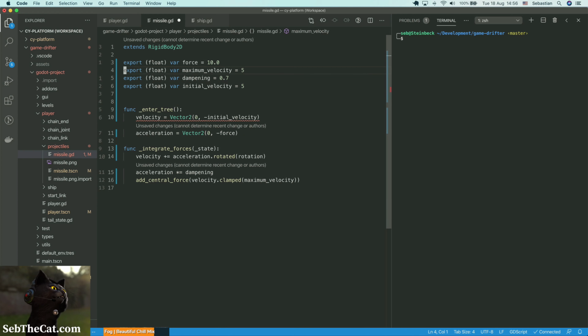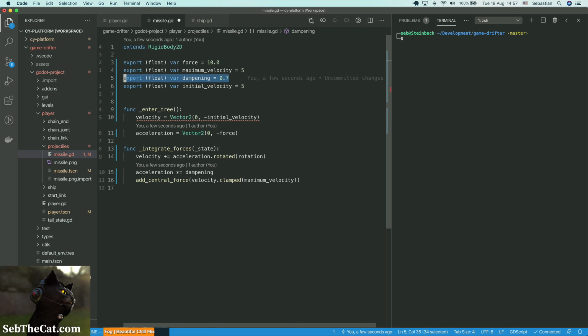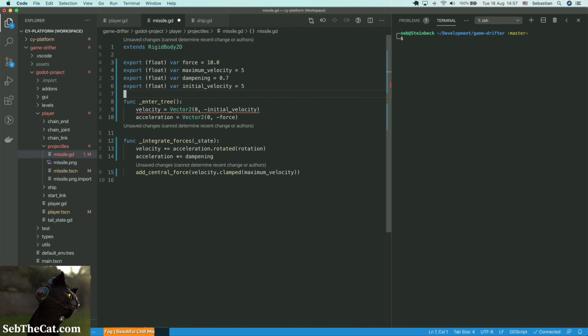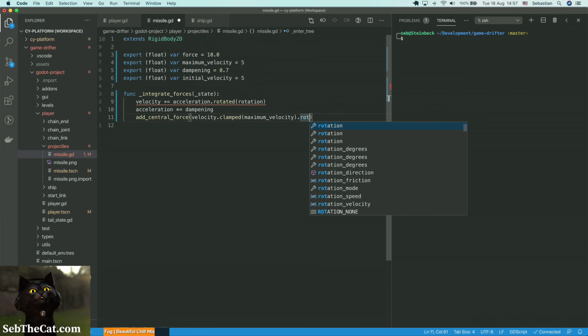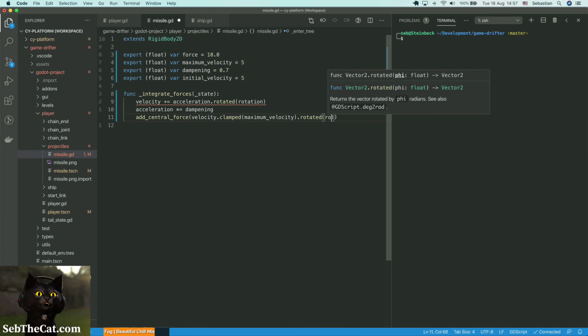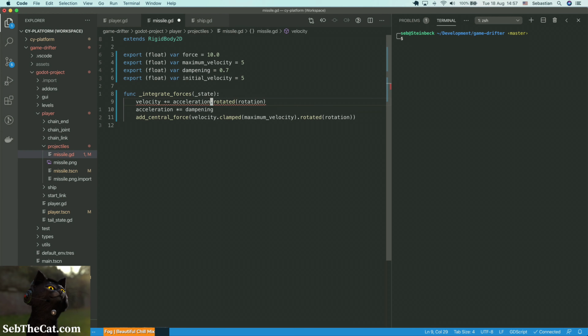So we got the force, maximum velocity, dampening, we can actually, not rotated. I mean, we could do something really simple and just do this, right?